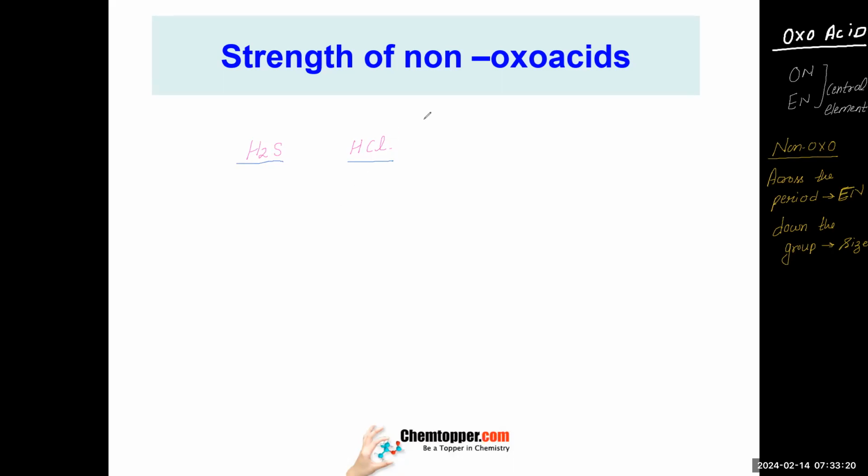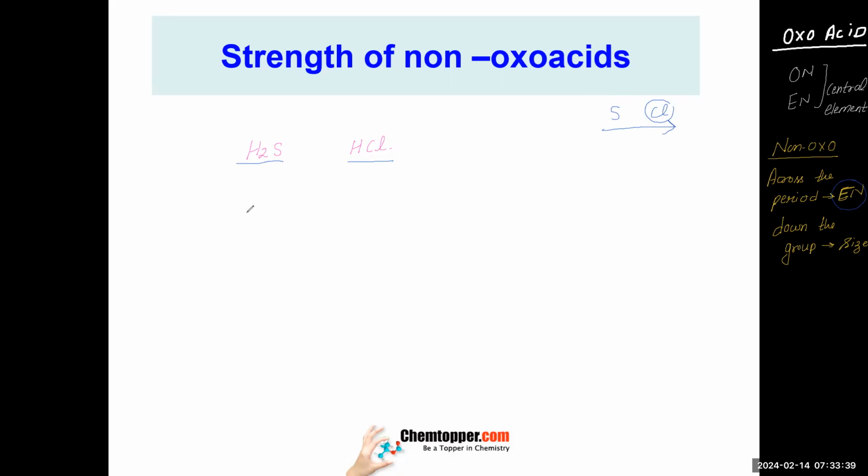Because this is across the period. You look at the periodic table, sulfur and then chlorine. They are in period number 3, if you remember. So chlorine is more electronegative. So across the period, you are going to compare the electronegativity.